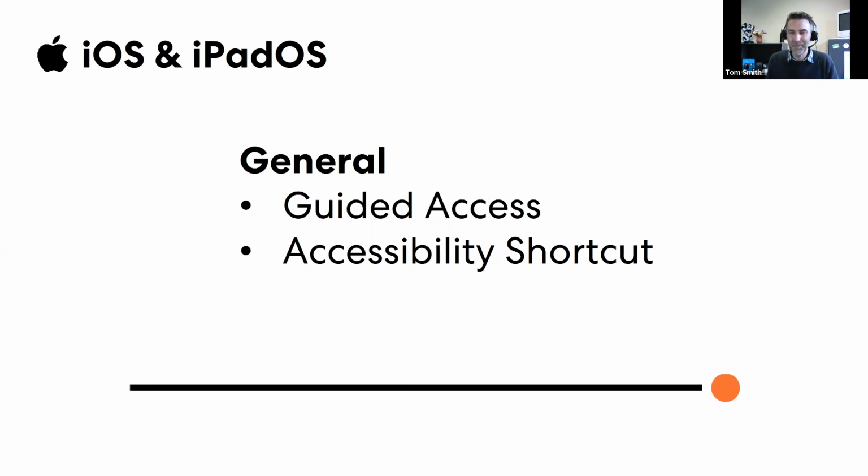But if you have it set up as the accessibility shortcut, it's really easy to turn it on and off. And that goes the same with a lot of the other features that you've got. So that's the home button 3 times.